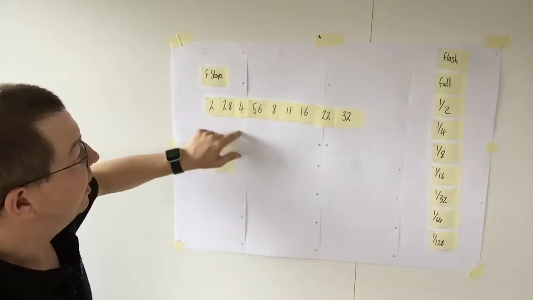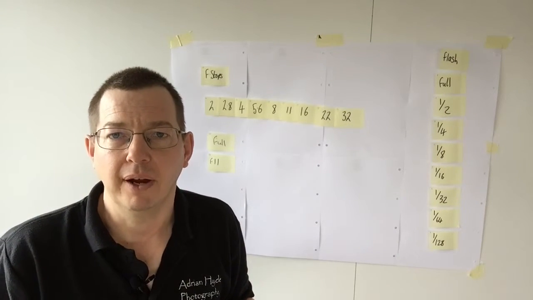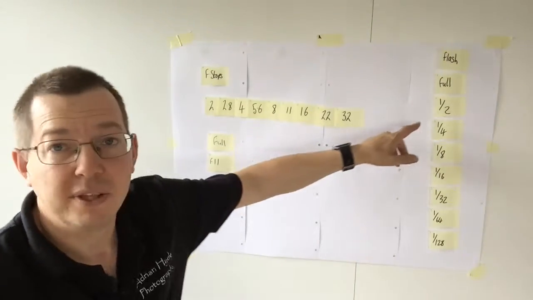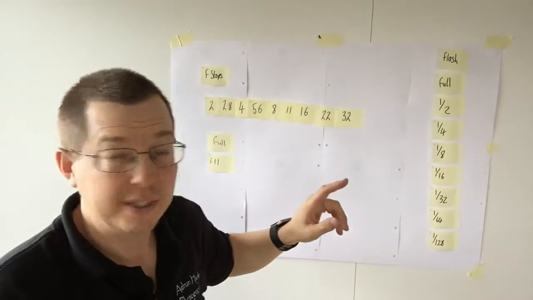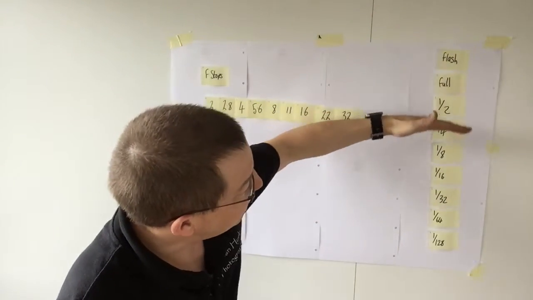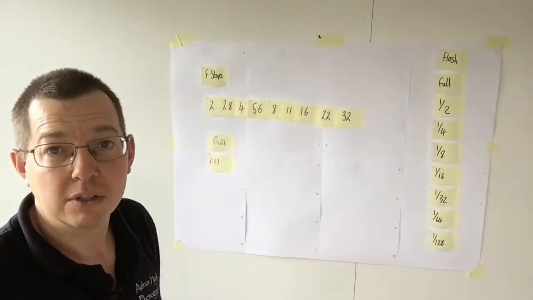From there, say we want to move down to f4. Well, how are we going to do that? With this chart here, it's so simple once you understand it. Each one of these is a stop, and each one of these is also a stop.